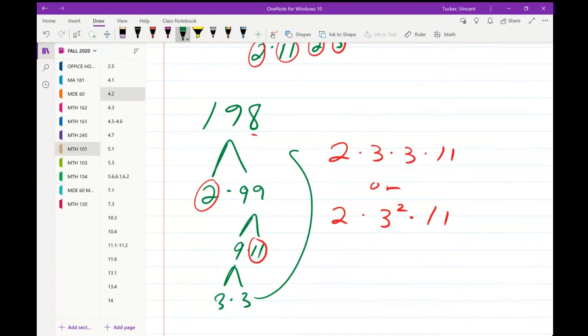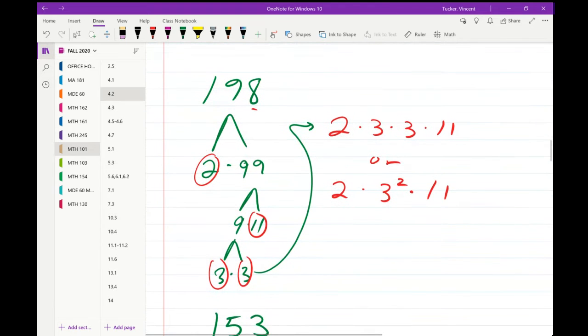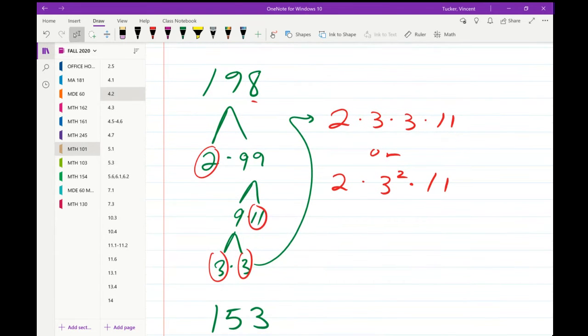And so that'll put you at 2 times 3 times 3 times 11 because both those 3's are prime. And you also can represent that 3 times 3 as 3 squared. Any questions?